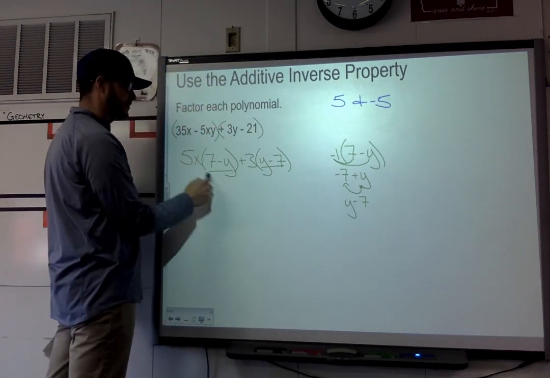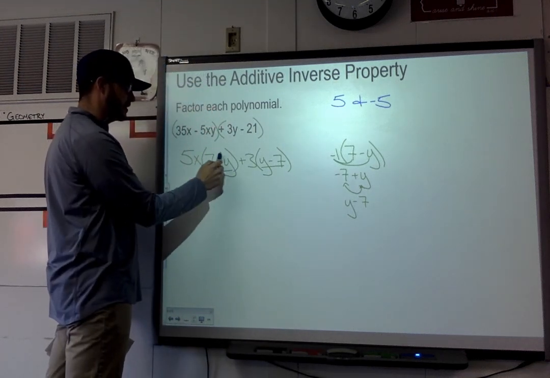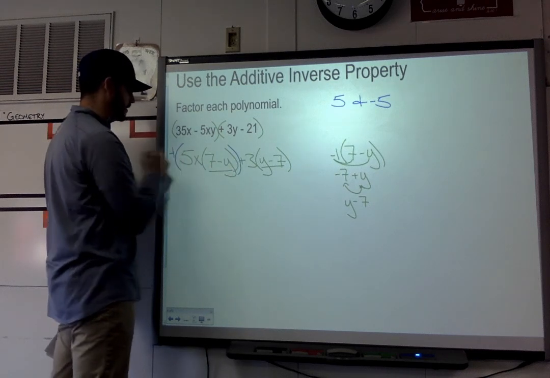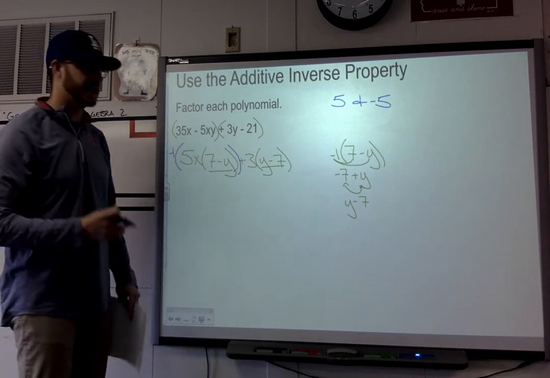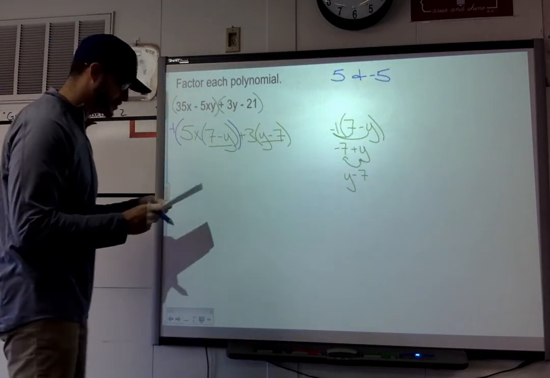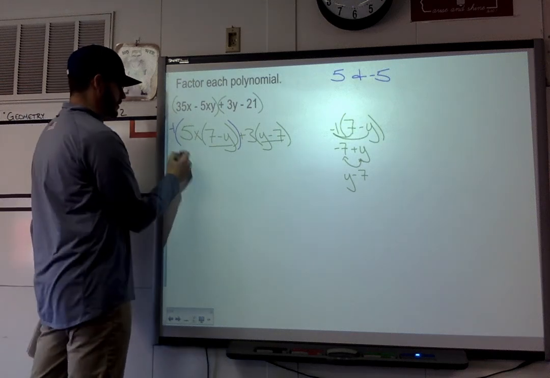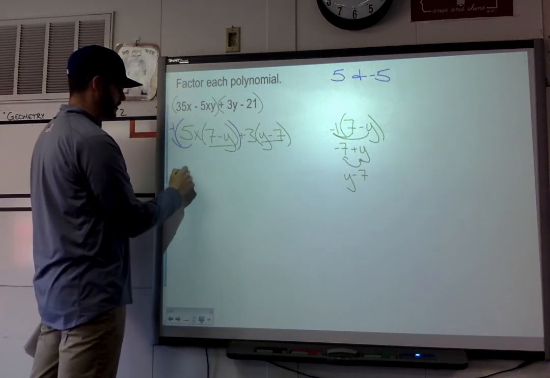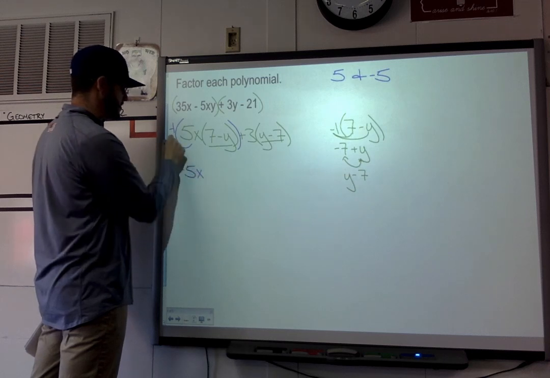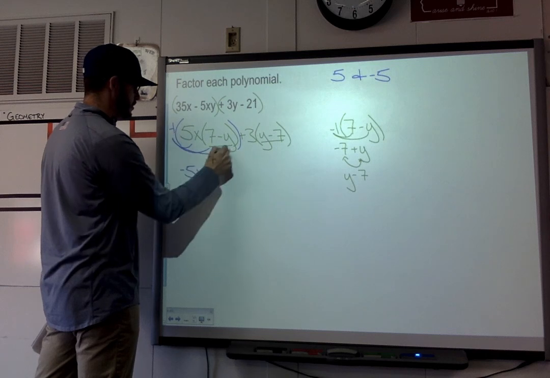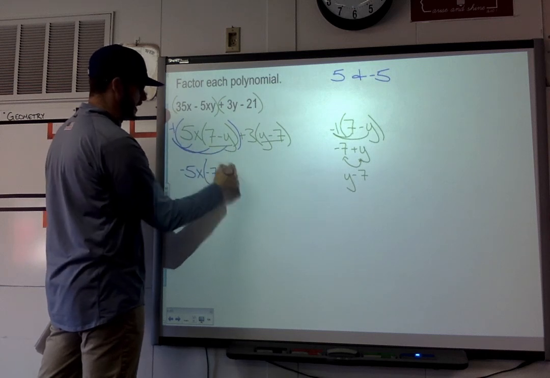But I can't multiply just this by negative 1. I have to do the 5x as well. I have to multiply that entire thing by negative 1. So when I do that, I distribute that negative 1 to each term. So I'm going to have negative 5x times negative 7 plus y.